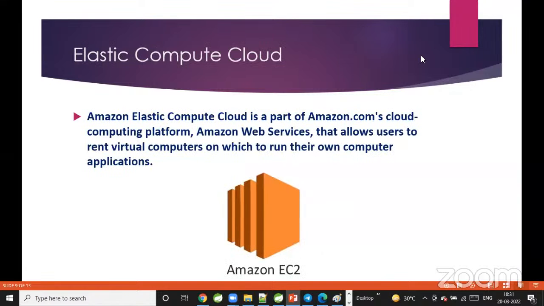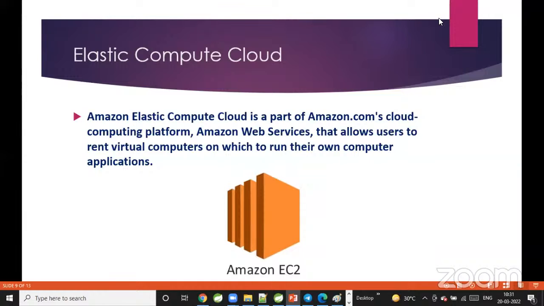Can you read what is EC2? EC2 stands for Elastic Compute Cloud. Amazon Elastic Compute Cloud is a part of Amazon.com's cloud computing platform, Amazon Web Services, which allows users to rent virtual computers on which to run their own computer applications. That means I want to take a computer for rent from Amazon.